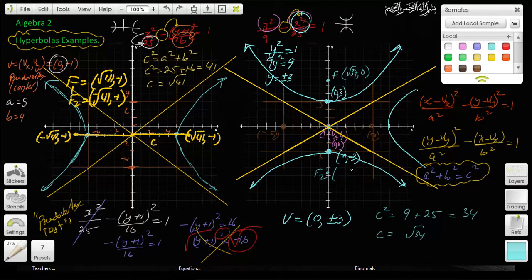I'm sorry, I hope you caught that. The foci are on the y-axis: F1, x is 0 and y is square root of 34. And F2, x is 0 and y is negative square root of 34. And those are the foci. So we found the foci. Okay, and we found the vertices, which were over here. That's the vertices, okay?